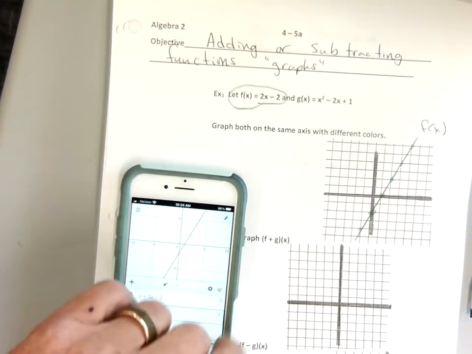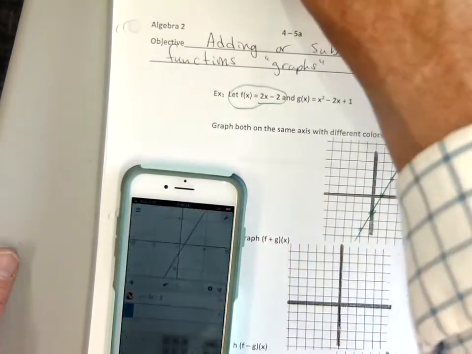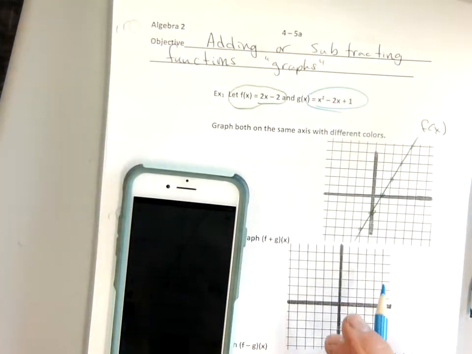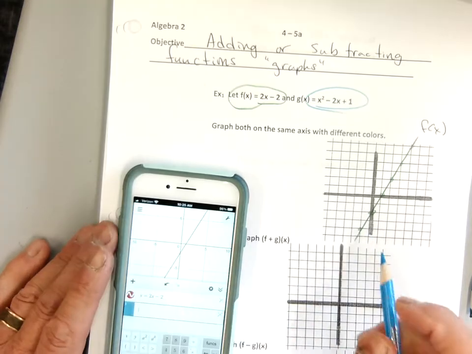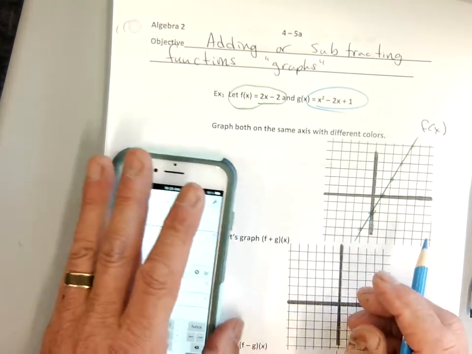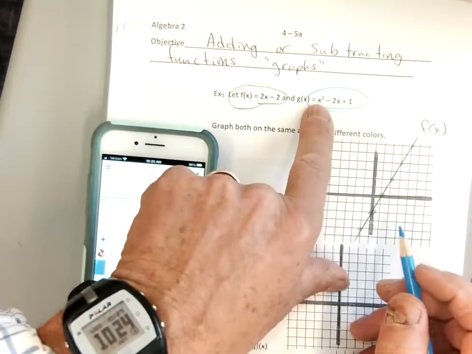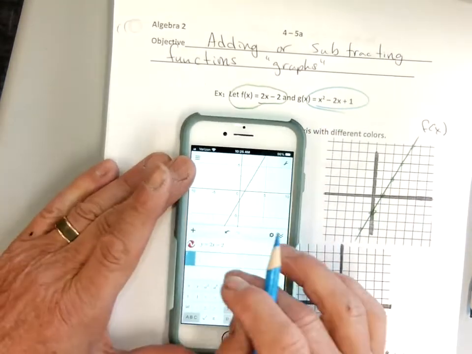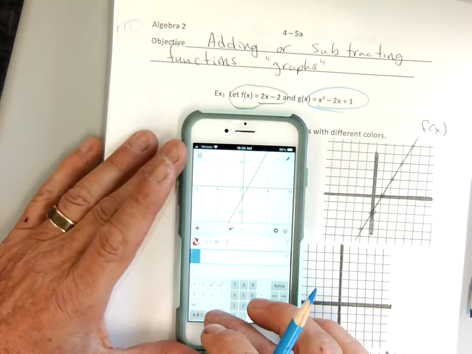Now I'm going to graph g of x in blue. So g of x is going to be x squared minus 2x plus 1. I'll put that on my Desmos.